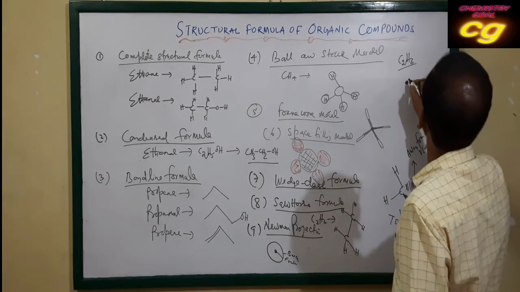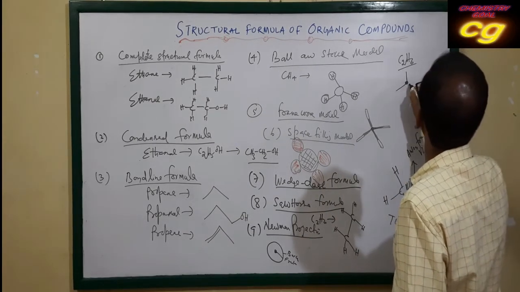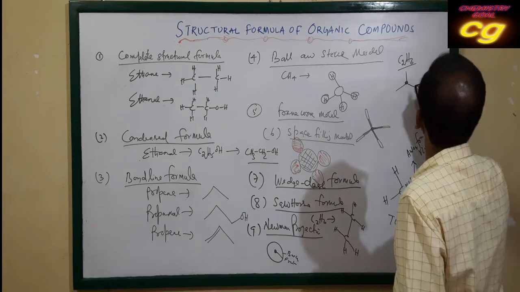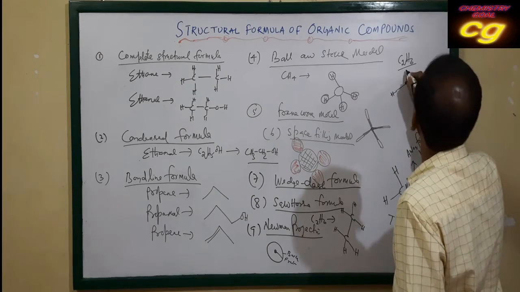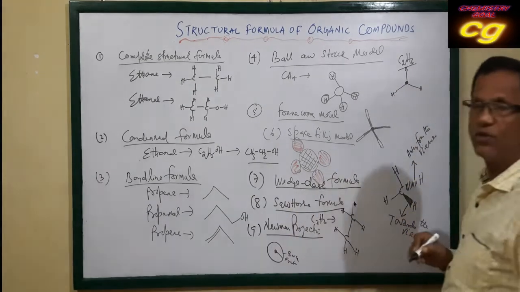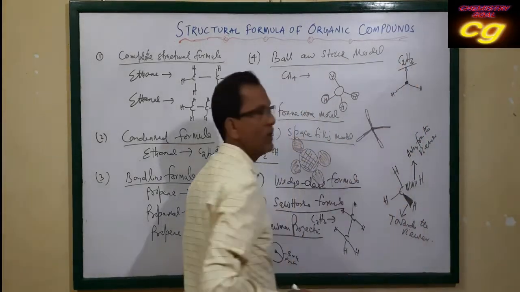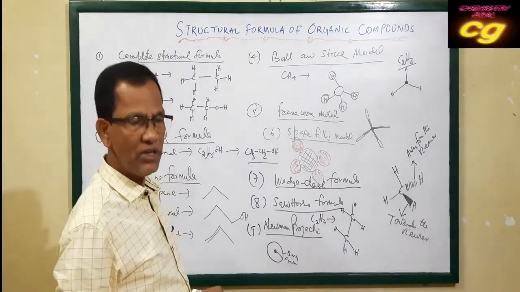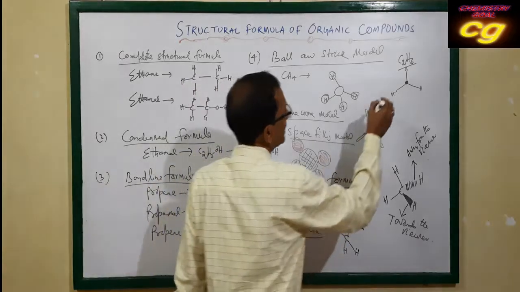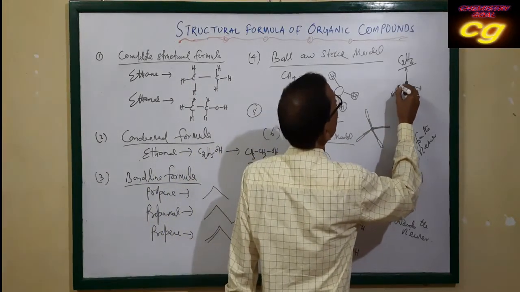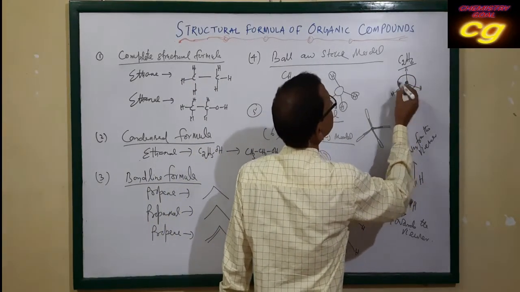Here the bonded atoms will be arranged at a 120-degree angle. The angle between the three bonded atoms will be 120 degrees, and here this is your back carbon.